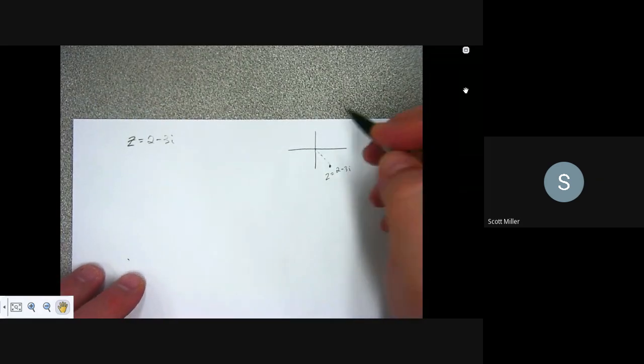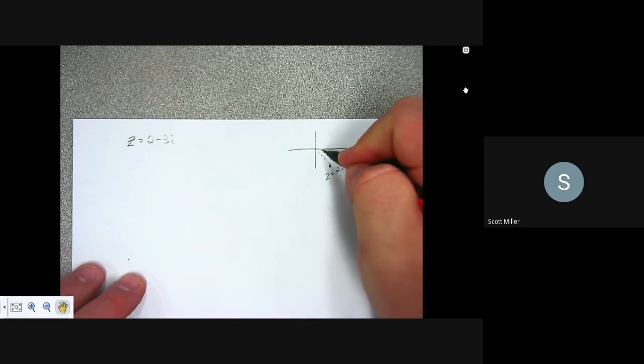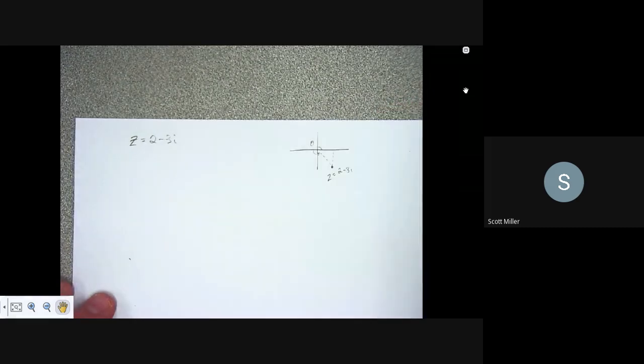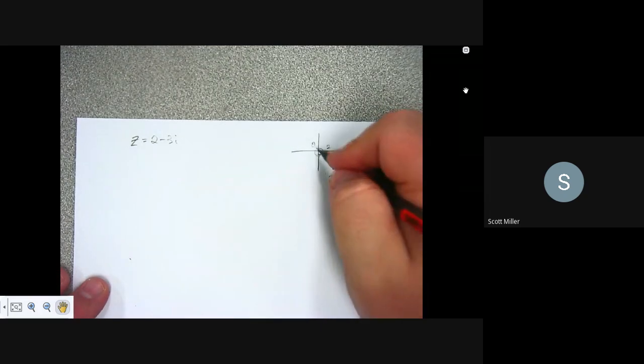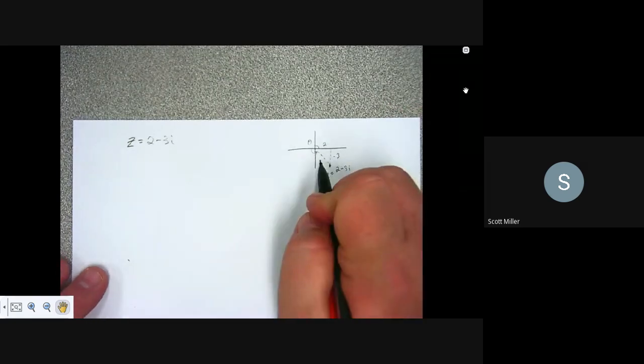If I want to put it in polar coordinates, I need to find this angle. This will be my theta. A is 2, b is negative 3. And I want to find this distance right here, which will be our r. So let's start with that.